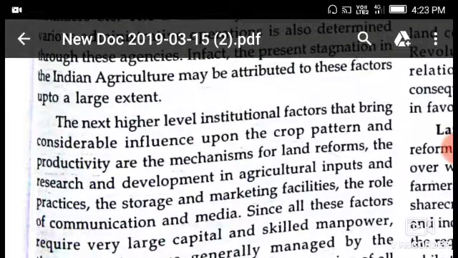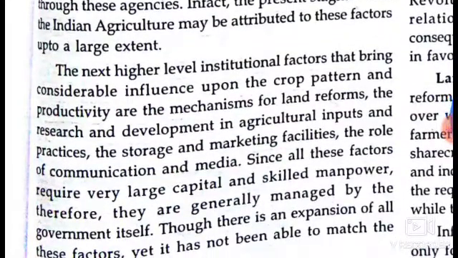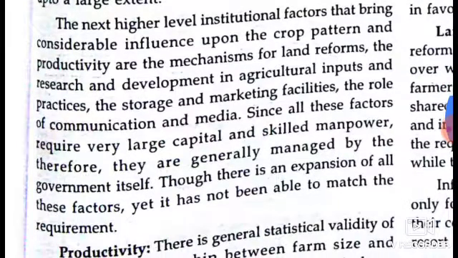The next higher level factors that bring considerable influence upon the crop pattern and productivity are the mechanisms for land reform, the research and development in agricultural inputs and practices, the storage and marketing facilities, and the role of communication and media.